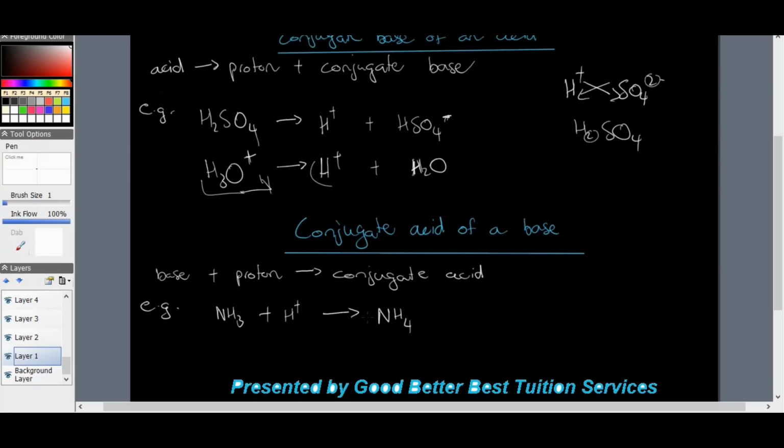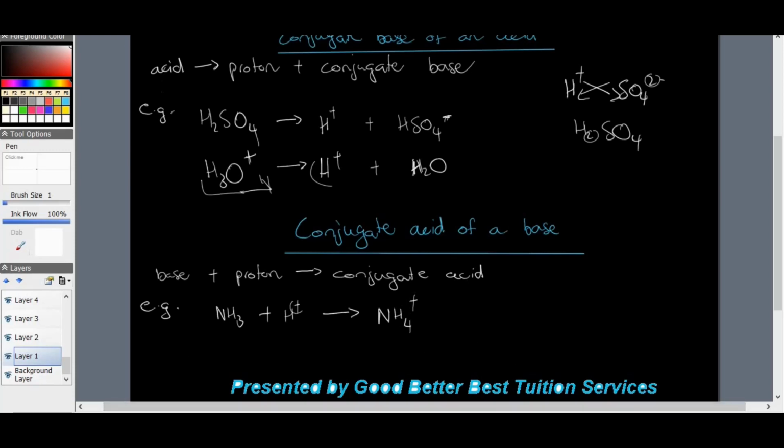It becomes NH4+ because we have just added a proton to it. It becomes ammonium, positively ionized, which is the conjugate acid.